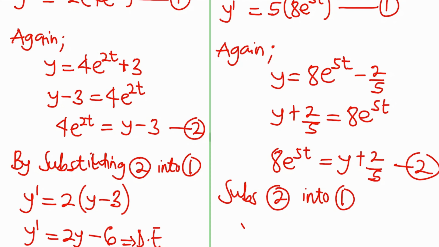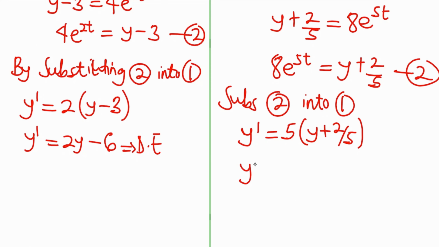Our y prime now is equal to 5 from equation 1, multiplied by 8e^(5t), but we know from equation 2 that this is y plus 2/5. So we continue and we have y prime equal to 5 multiplies y gives us 5y, and 5 multiplies 2/5 gives us 2. This becomes the differential equation we are looking for.